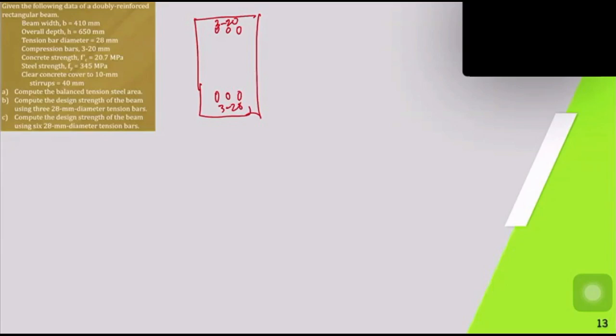Also, we can compare it with the As balance. If the area you obtained is less than As balance, the steel still yields. So we can compare with the balance condition and compute for the area.